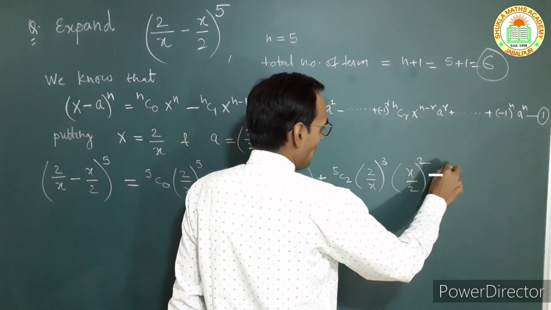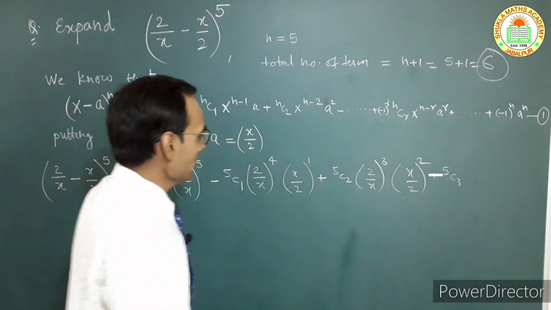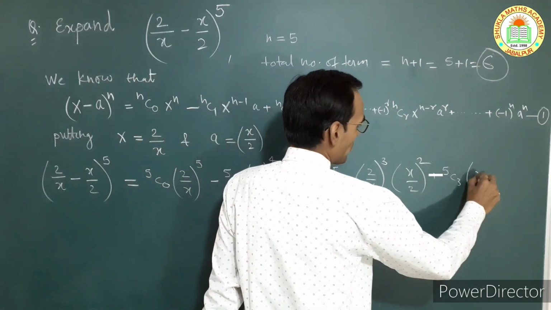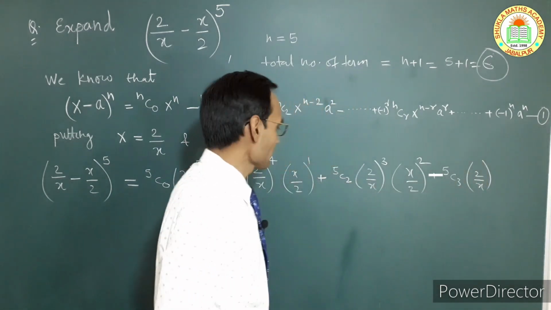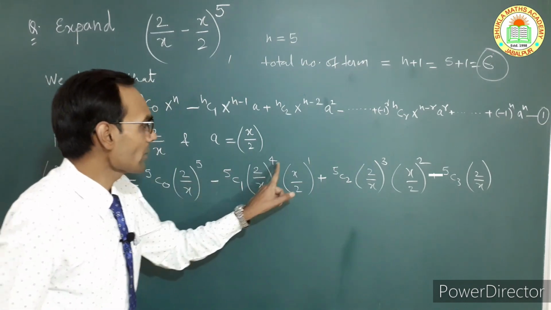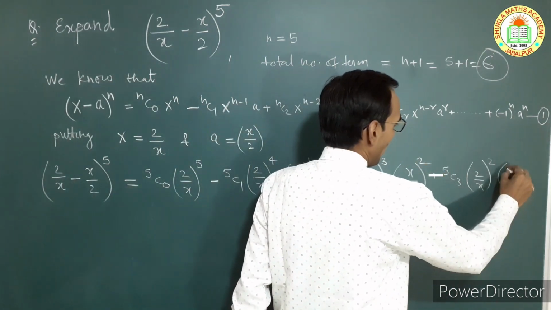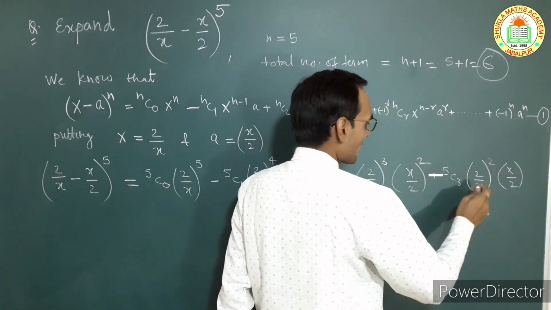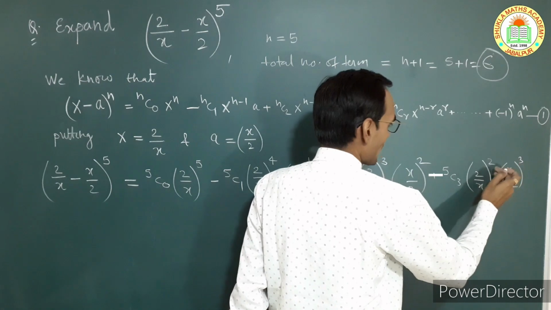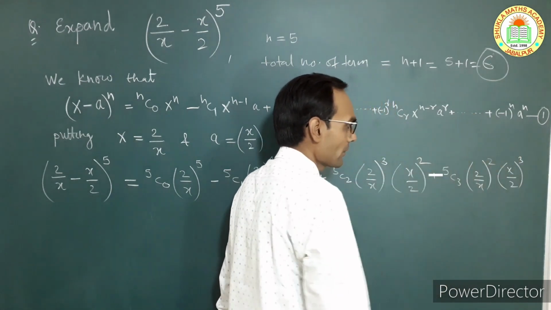Then next 5C3, (2/x) raised to n − 3, so 5 − 3 is 2, and (x/2) raised to r, which is 3. The sum of the powers of X and a is always equal to n, so it is 5.